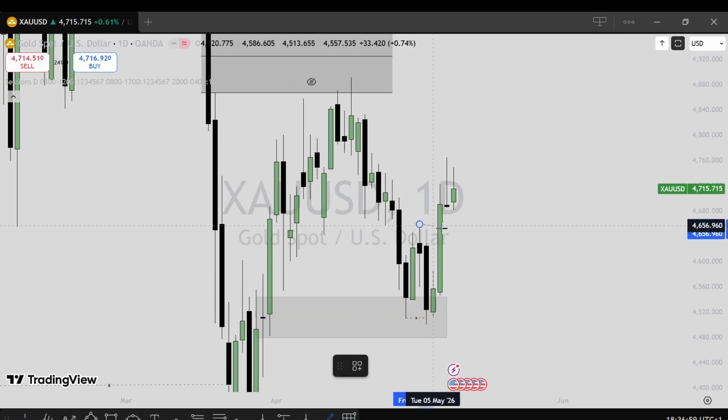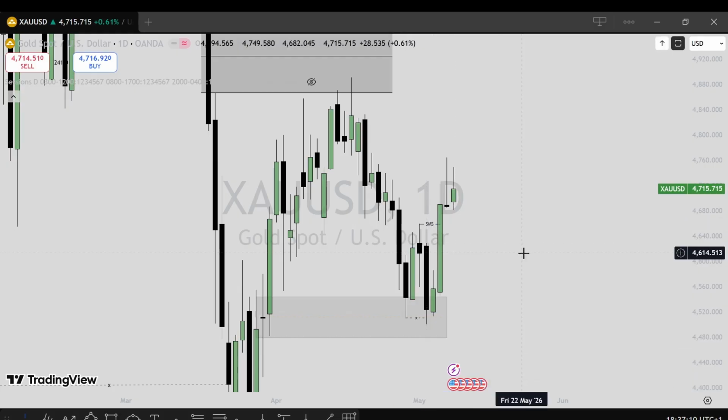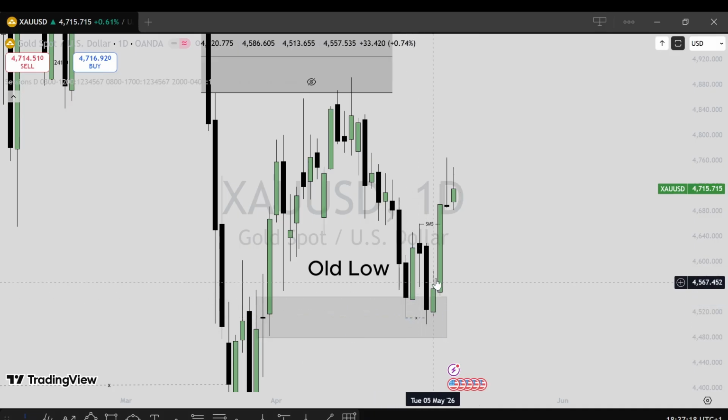So in my reference point, I have a liquidity sweep here, actually sweeping an old high, then a shift in market structure, creating a new high here that is higher than this previous high right in this place.